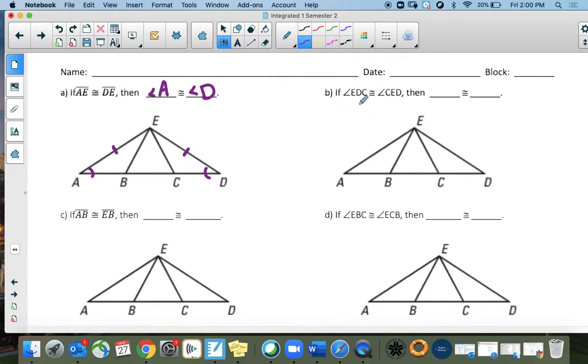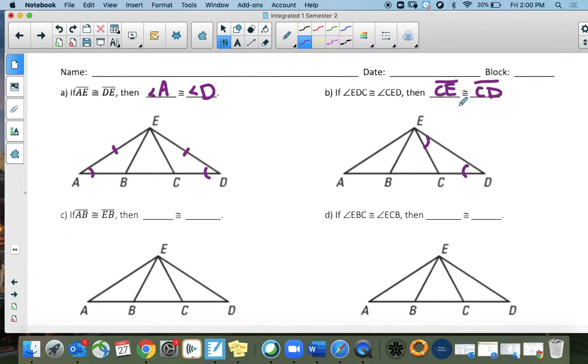Then notice now we're going angle to sides. So this would be the converse, right? So angle EDC, EDC is right here, is congruent to CED. So that's this one. Okay, so those are congruent. Then we know the sides, CE is congruent to CD.